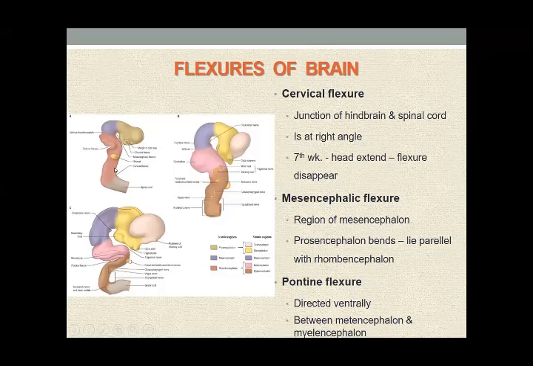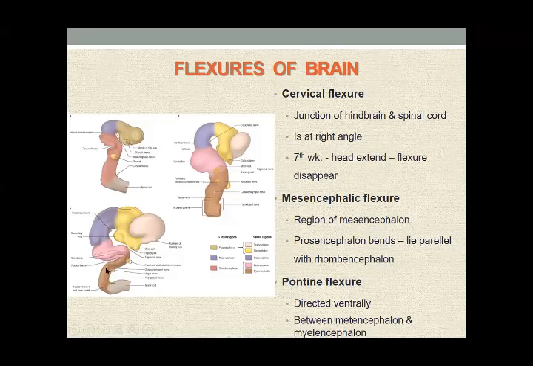Until the 7th week it persists, after that it disappears, because the head then extends and this flexure disappears. Then there is another flexure, this is concave forwards, concave ventrally. This is another flexure.